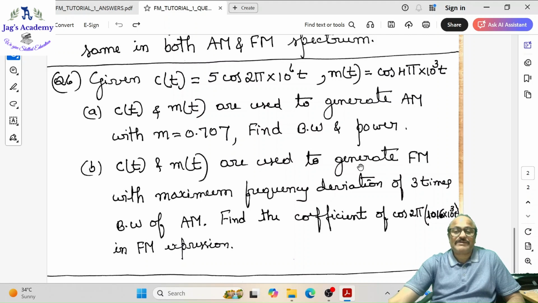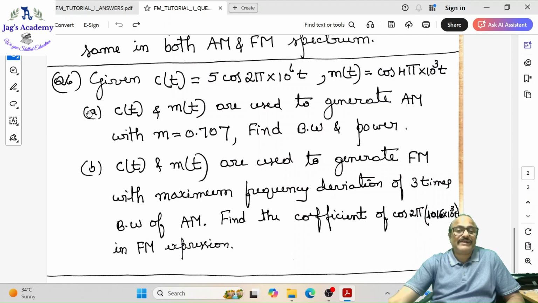You get an FM expression, right? The coefficient of this is going to involve your beta value. You have to find out the FM equation.